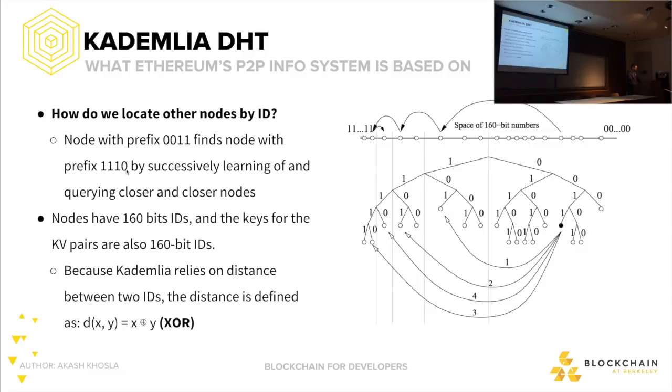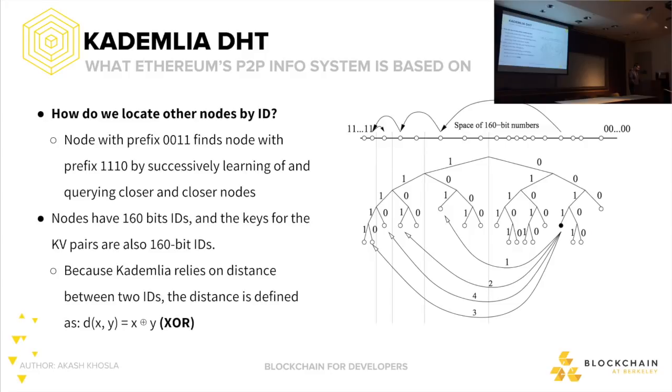So why exactly does this work, and what are some other properties of this tree? Nodes have 160-bit IDs for themselves, and so do keys. Because Kademlia relies on the distance between two IDs, we can define this distance as the XOR of the node ID and the key, where the key could be X and the node would be Y. So we would simply XOR it.